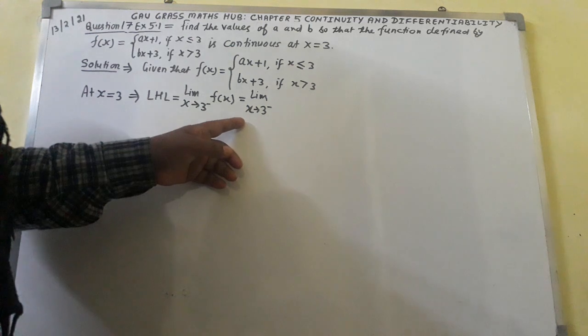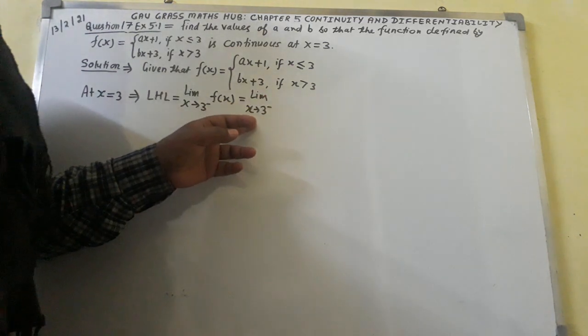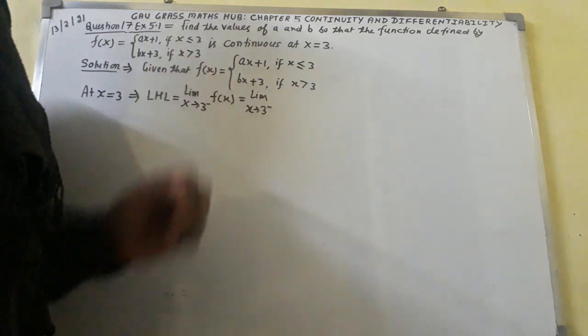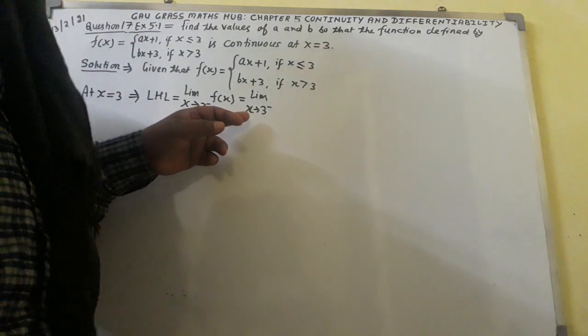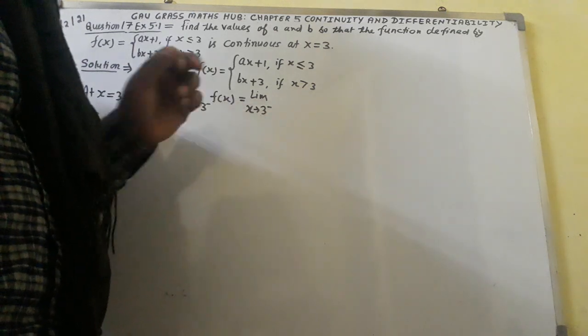Here it is written x tends to 3 negative. This means that the value of x must be less than 3. We have to choose the function in which the value of x must be less than 3.